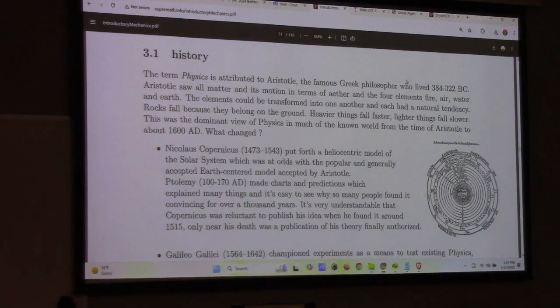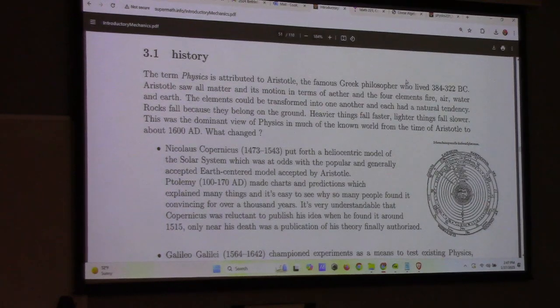People didn't believe in Earth-centered astronomy just because they thought the Earth should be the center. It's because Ptolemy made up charts and predictions that, for the most part, worked with observation. So it wasn't just a philosophical thing. It was a matter of pragmatism. It worked, right? Well, it worked up to a point.